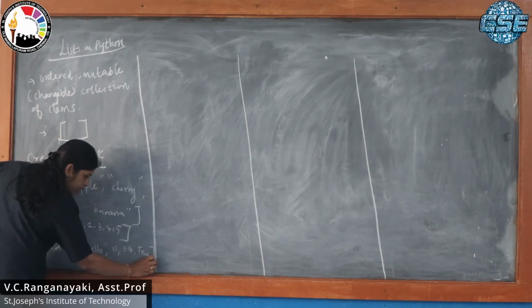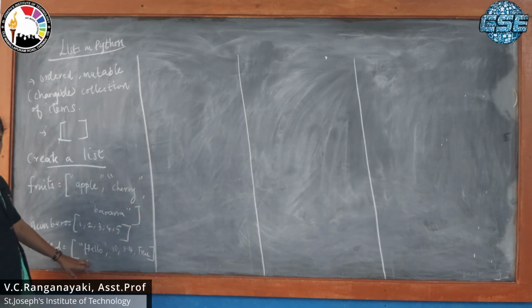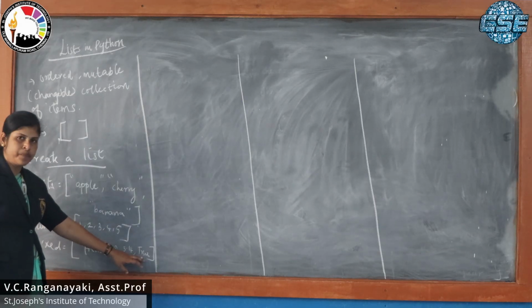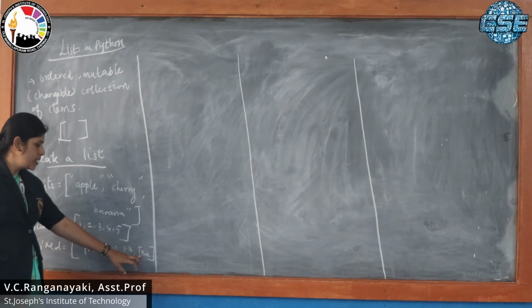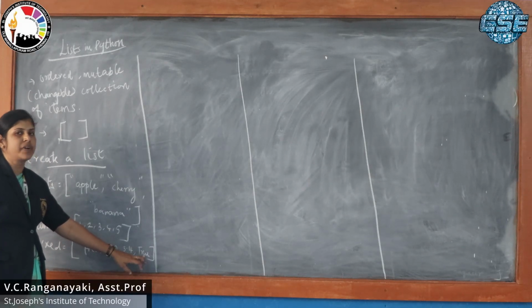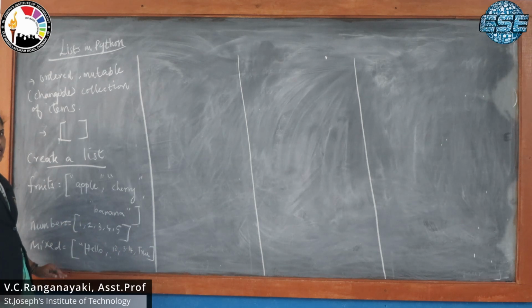Boolean also we can use inside the list. So I can create a list with different types. This is string, integer, float, Boolean. We'll check whether it is valid or not.